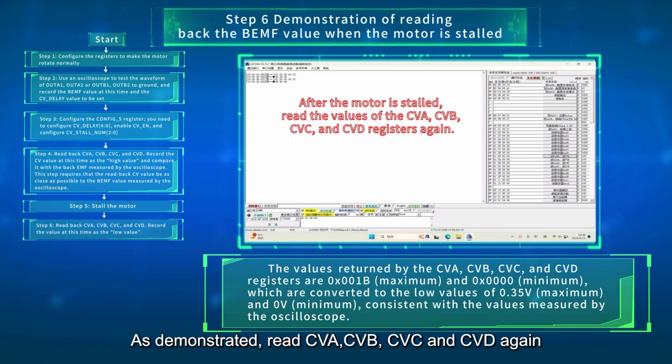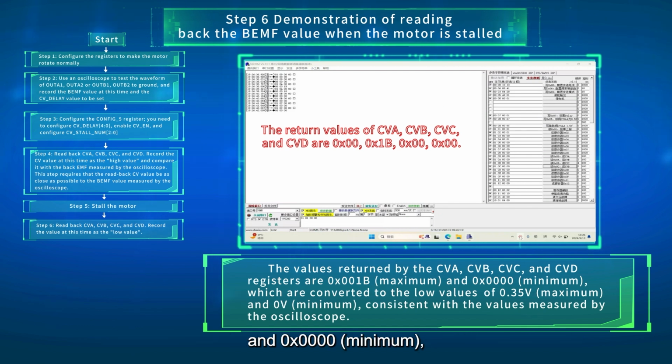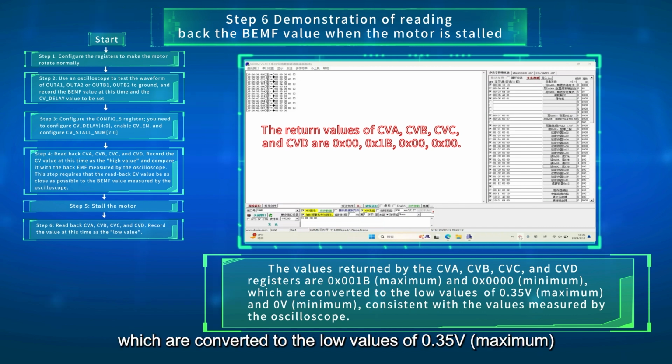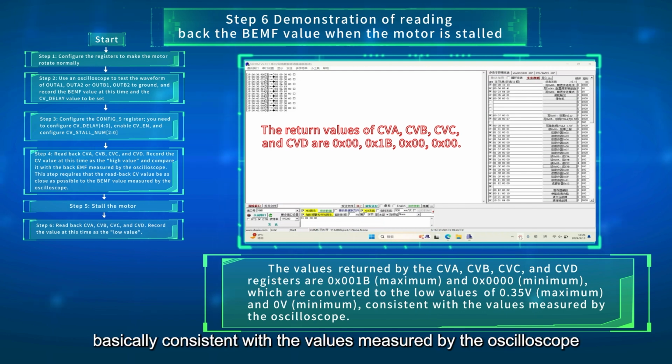As demonstrated, read CVA, CVB, CVC, and CVD again. The readback values in the stalled state are 001B maximum and 0000 minimum, which are converted to the low values of 0.35 maximum and 0 volts minimum, basically consistent with the values measured by the oscilloscope.